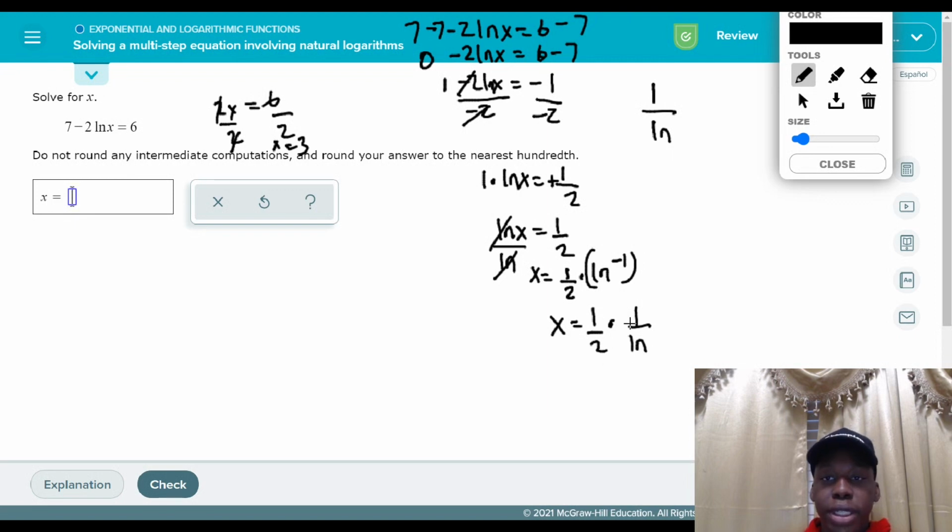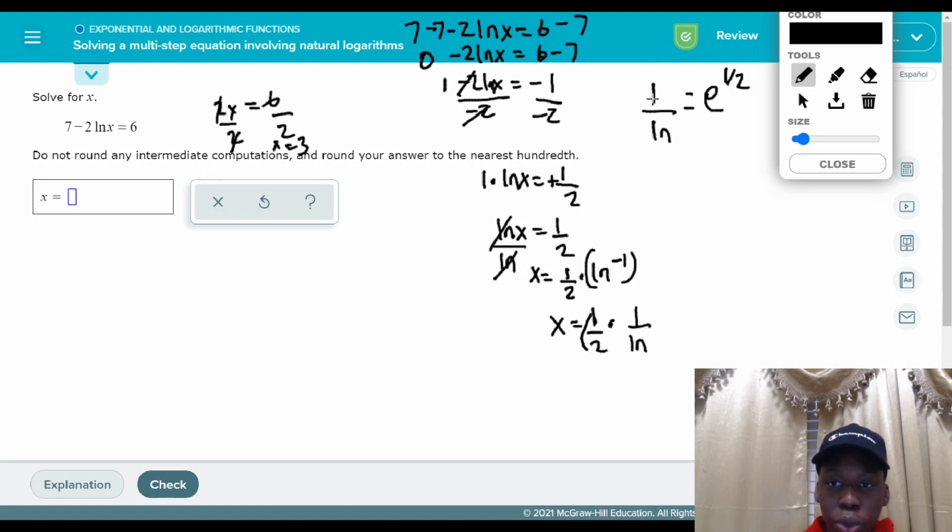And 1 over ln, as I said in the previous example, equals e to the power of whatever is attached to the 1 over ln, right? So in this case, what is attached to 1 over ln? The thing that is attached to 1 over ln is 1 over 2. So this is e to the power 1 over 2, because we have to multiply 1 over 2 by 1 over ln, right?